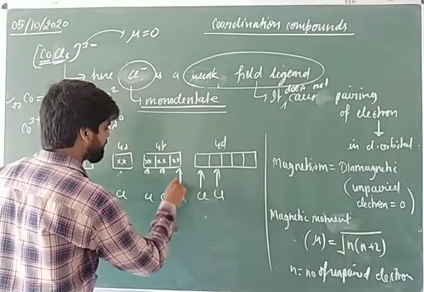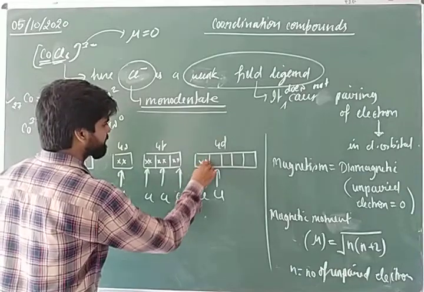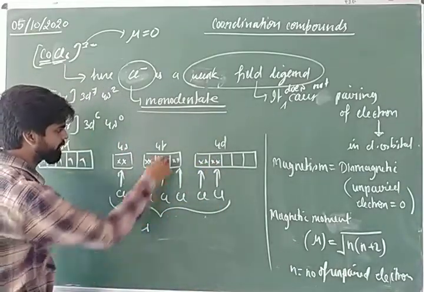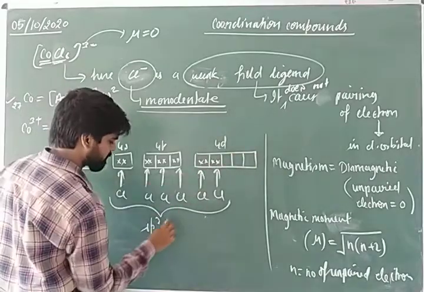And the hybridization will be one s orbital, three p orbitals, and two outer d orbitals.